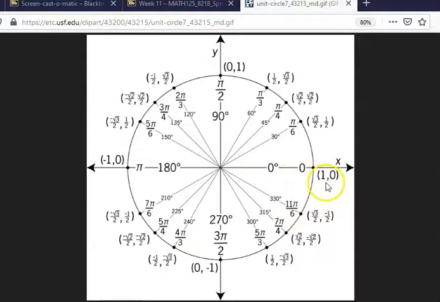So the cosine at 0 would be 1. The cosine at pi/2 is 0. At pi it's -1. At 3 pi/2 it's 0 again. And then back to 1.